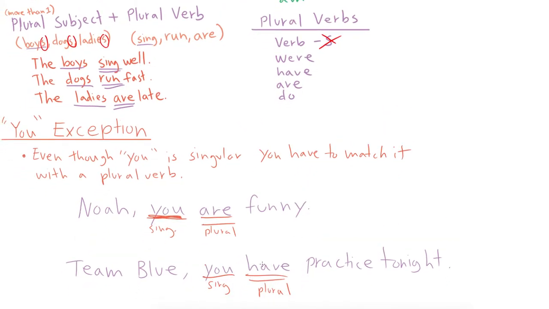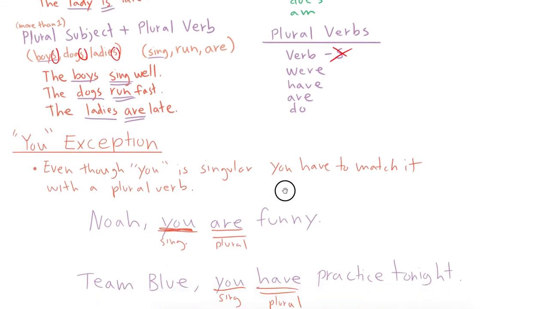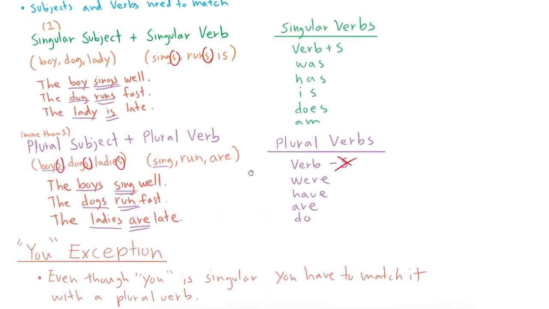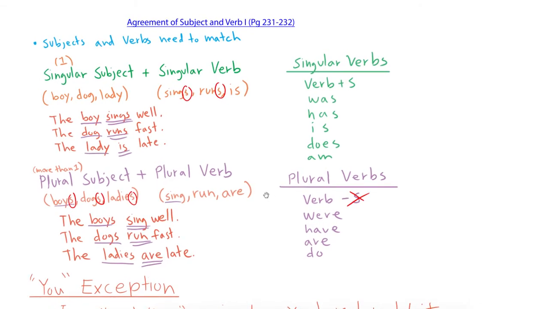We don't use the singular form of have. That just sounds weird when you say it out loud. So when in doubt, say it out loud to yourself. If it sounds weird, you know you did something wrong. Just remember, for you, even though you is a singular subject, you have to match it with a plural verb. I know that's a lot to take in, but that's pretty much the lesson.